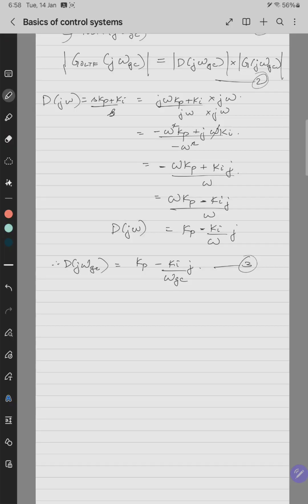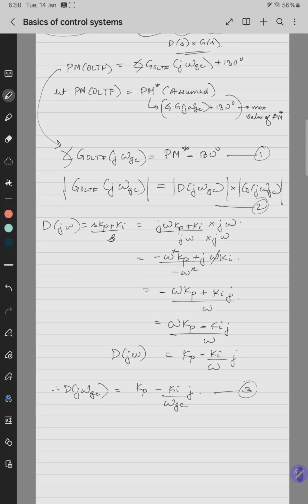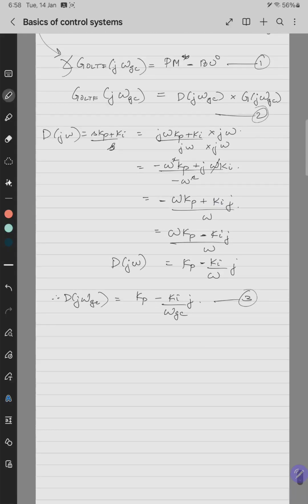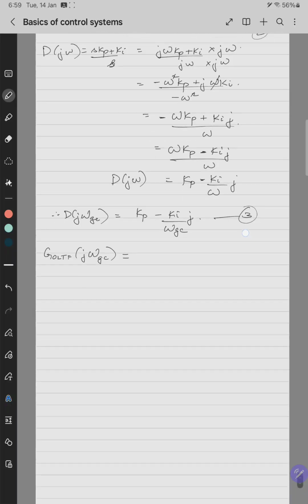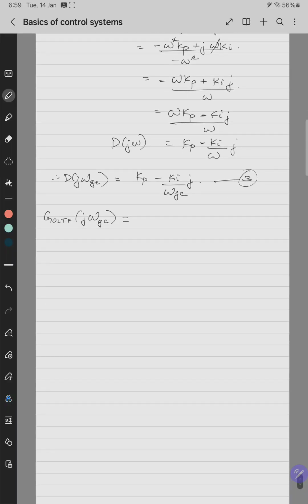Similarly, in equation 2 I will remove the mod. I think it still makes sense. We'll write G of OLTF is D into G. Then G of j omega gc we will write in the complex domain, meaning R at an angle theta.